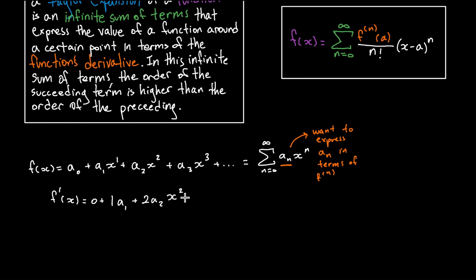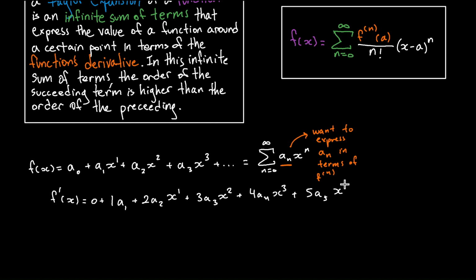So the derivative of a constant is 0, then using the power rule we get plus a sub 1 plus 2a sub 2 x to the 1 plus 3a sub 3 x squared plus 4a sub 4 x cubed, on and on to infinity.